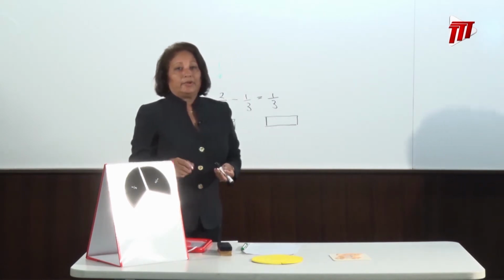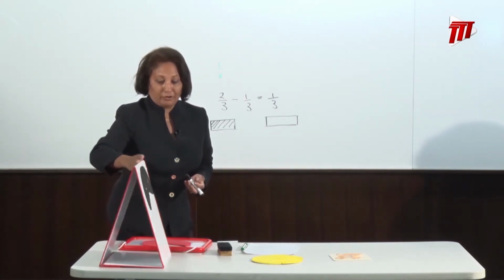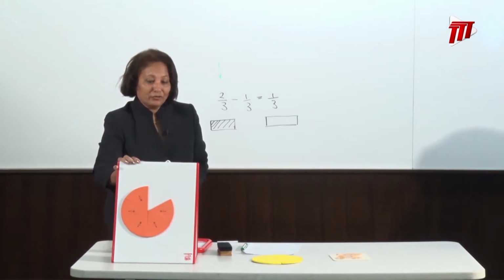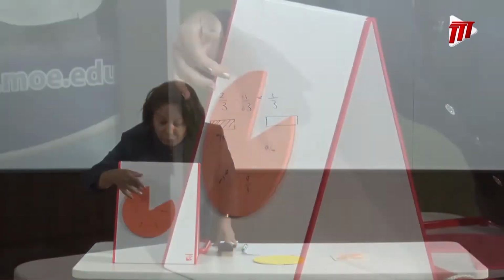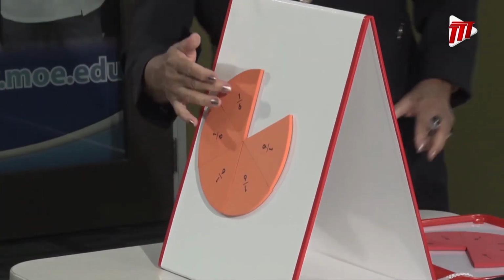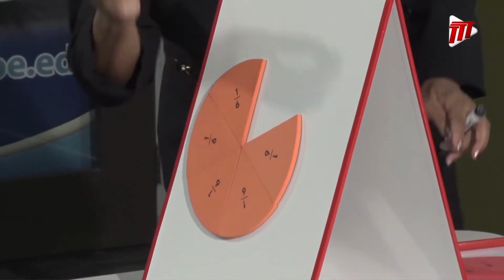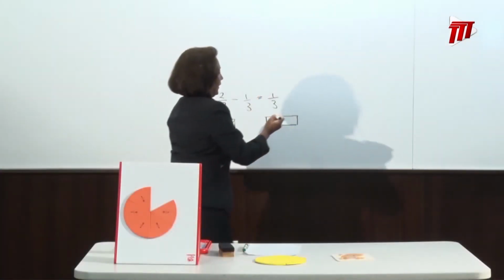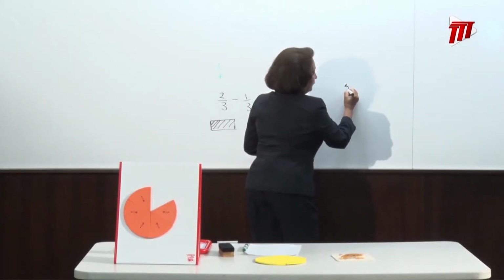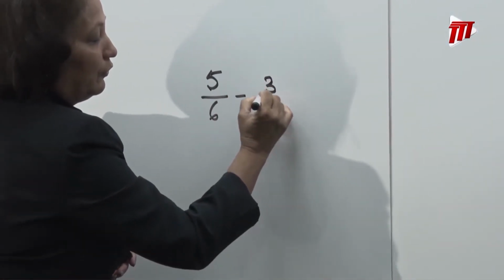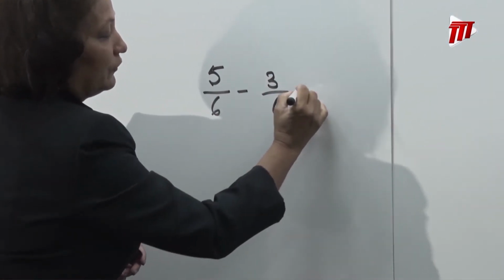Let's try it with another fraction. Here, I have 5/6. You see 1/6 is missing. If we count it, we're going to get 1, 2, 3, 4, 5, 6. So my question here is we have 5/6 minus 3/6.